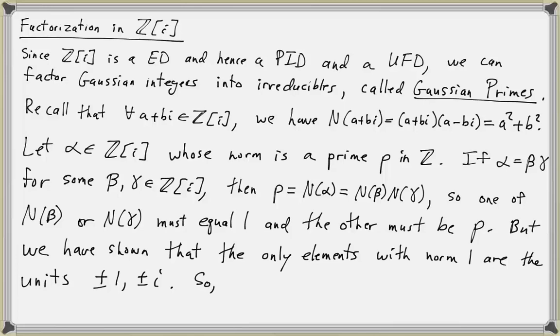So we see that if the norm of alpha is a prime in the ring of integers, then if I could factor alpha, one of the factors must be a unit. So therefore, alpha is an irreducible element in the Gaussian integers.